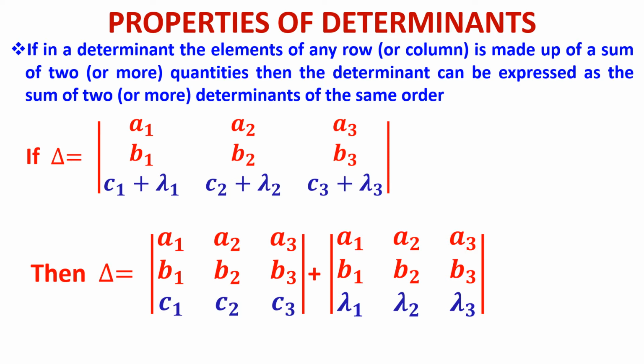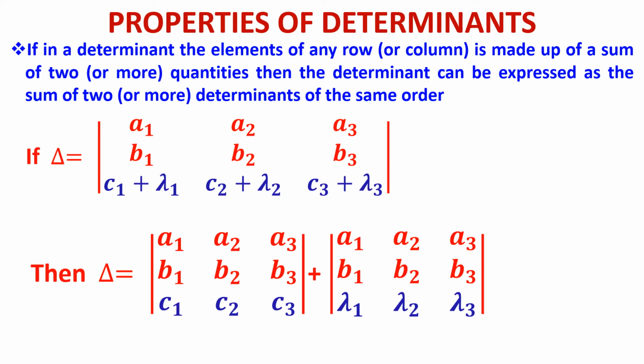Now we can split this determinant into two. The first determinant has A1, A2, A3 and B1, B2, B3 as the first two rows, and the third row is C1, C2, C3. In the second one it is A1, A2, A3, B1, B2, B3, but the third row is lambda 1, lambda 2, lambda 3. You are able to see it here.